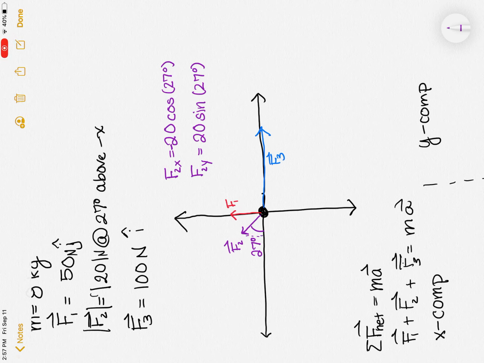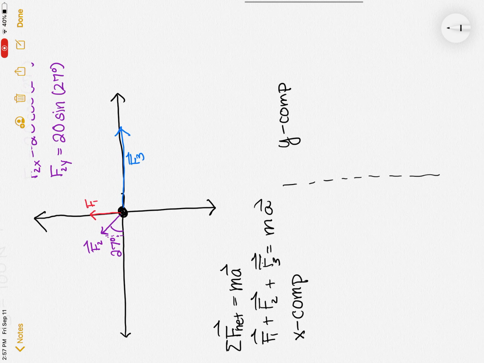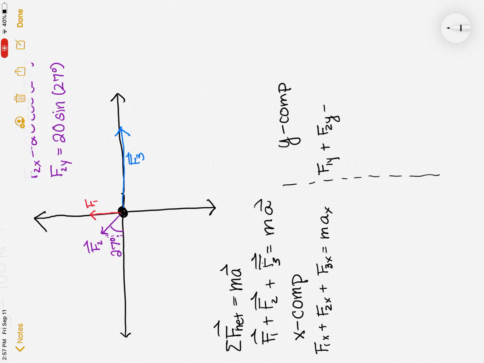And I can make my little triangle to prove to myself that the y is going to correspond to sine because it's opposite to that angle. So now I have F1x plus F2x plus F3x is going to be equal to mass times ax. Similarly, for the y component, I have F1y plus F2y plus F3y is equal to m times ay.